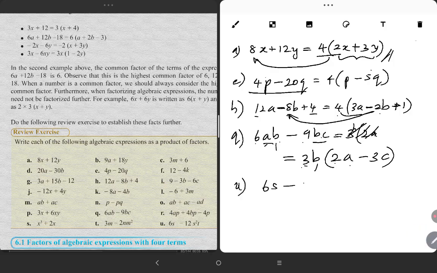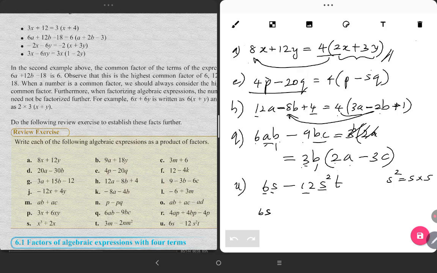It looks a bit complex, but essentially it's not. So here the s squared, s to the power of 2. So basically s squared means s times s, right? In this case, again 6 and 12, we can take 6 out, and also s out, because both terms have s.